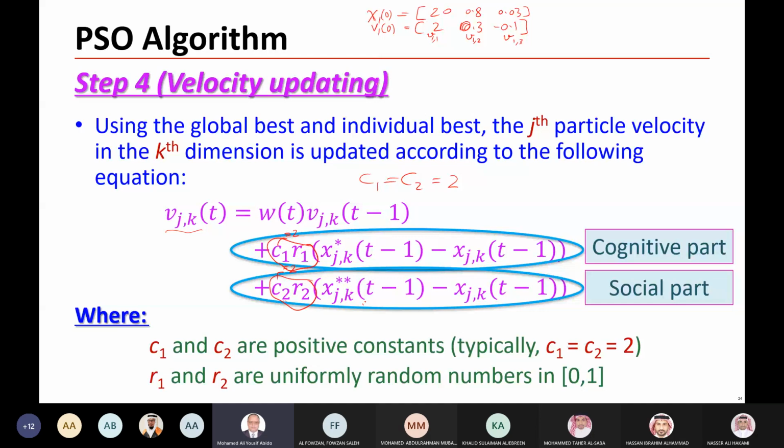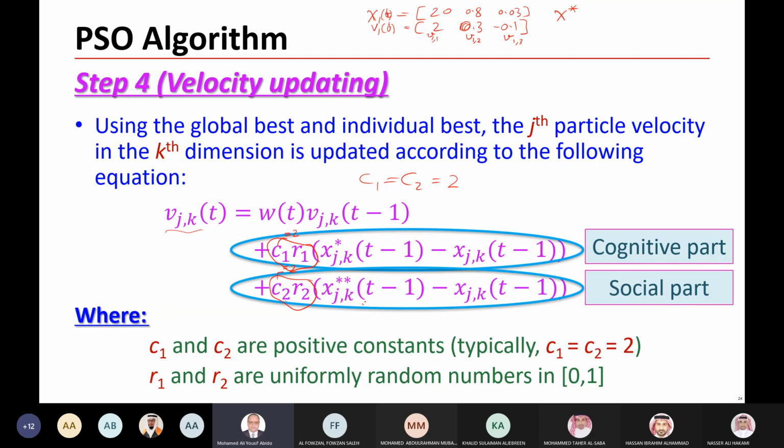So if you have here x, of course, and I can give you a numerical example. At the beginning this x star will be x1 of 0, but assume this is at any iteration t.